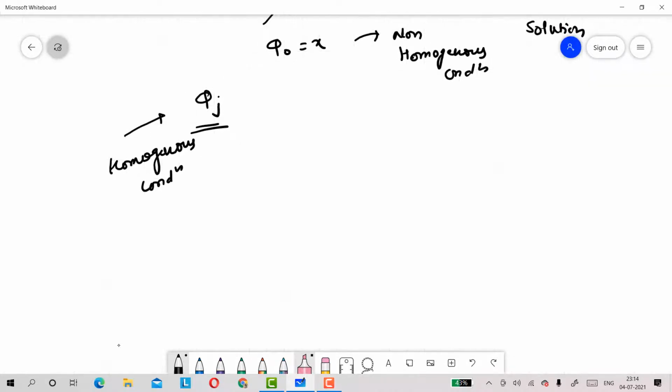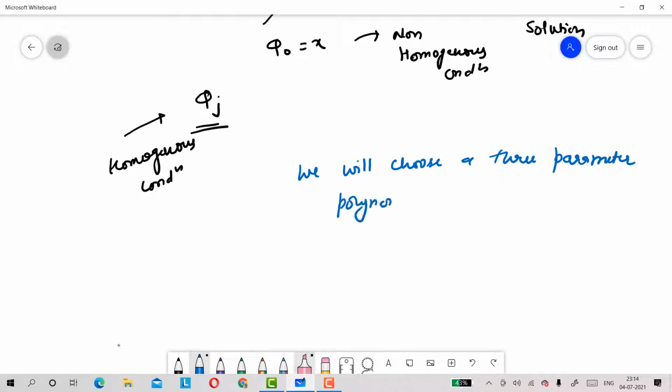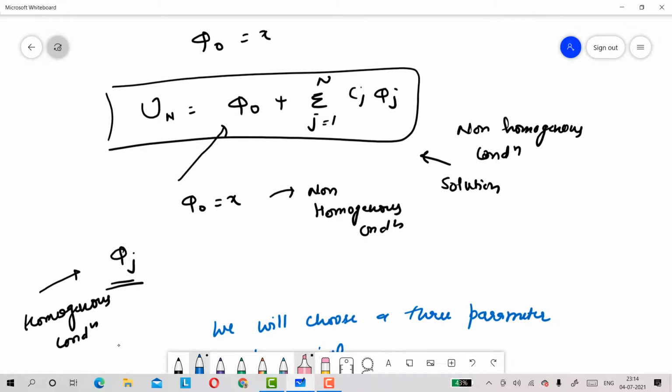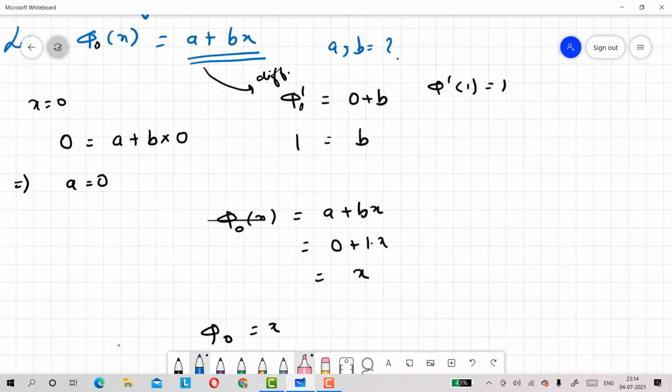So we will choose a 3-parameter polynomial. Why are we choosing a 3-parameter polynomial? Actually, we are dealing with differentiation terms here.